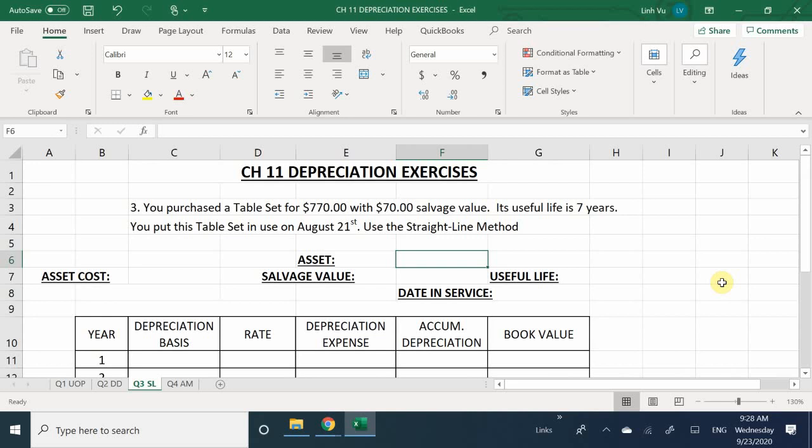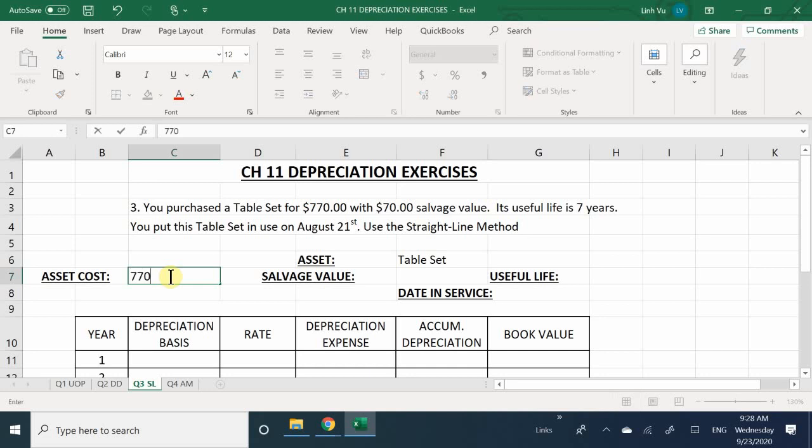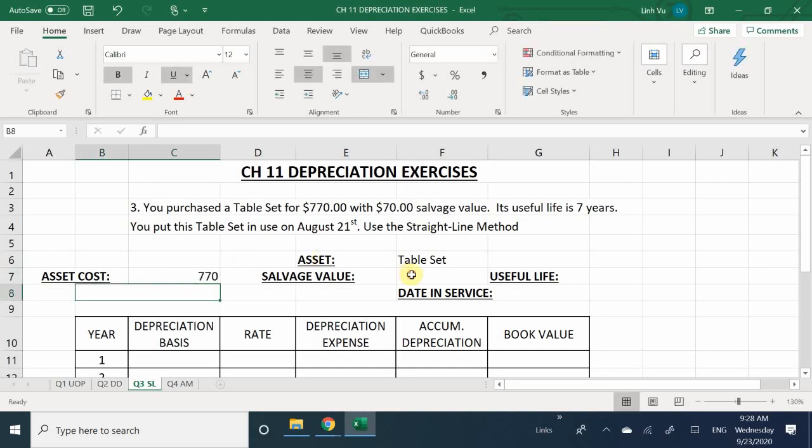Use the straight line method. Okay, so my asset is going to be a table set. What's my asset cost going to be? 770, and my salvage value is 70.